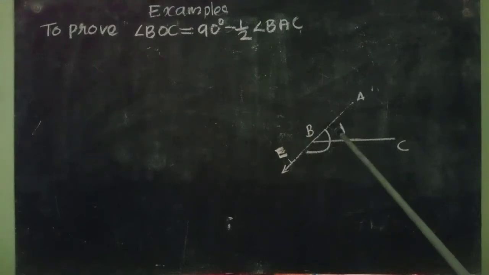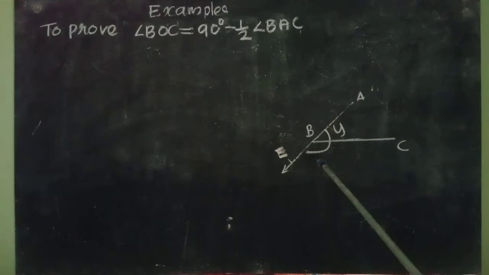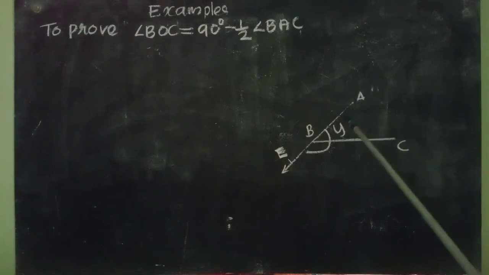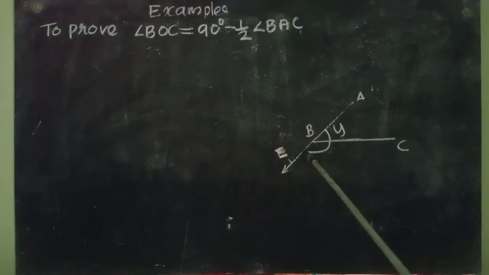You see the figure. What about this angle Y and this marked angle? That is angle CBA and angle CBE. We know these two angles are a linear pair, so their sum equals 180 degrees.